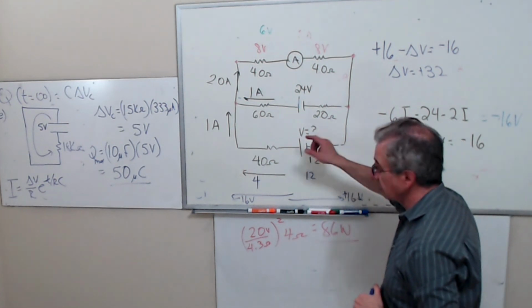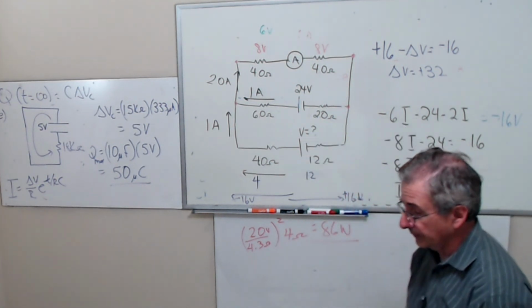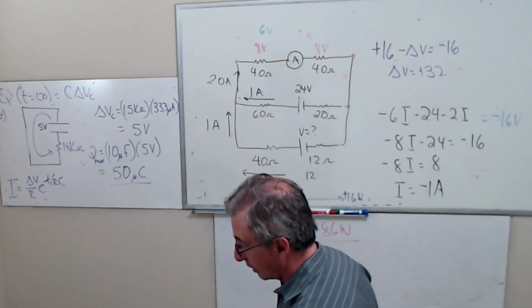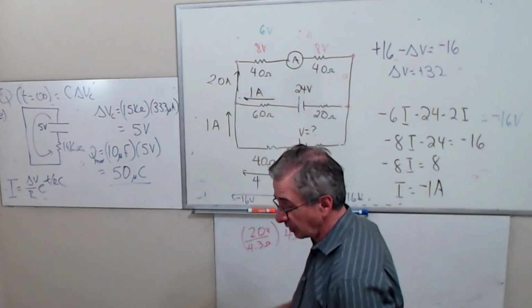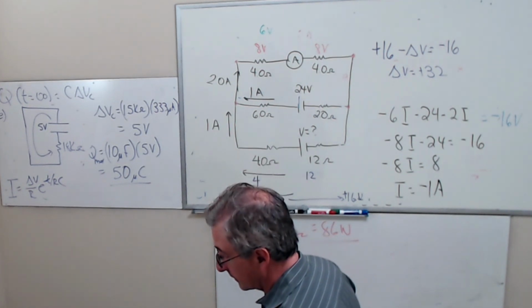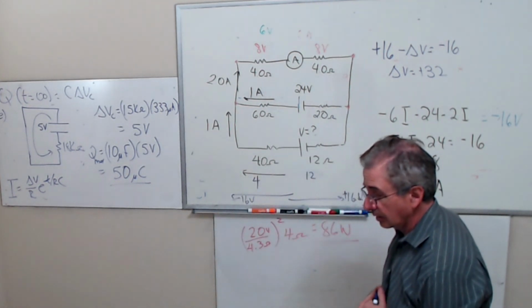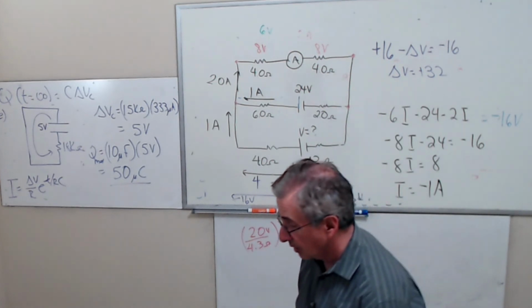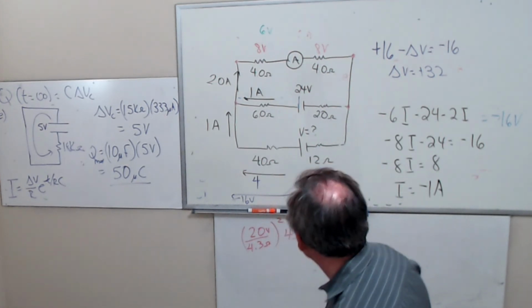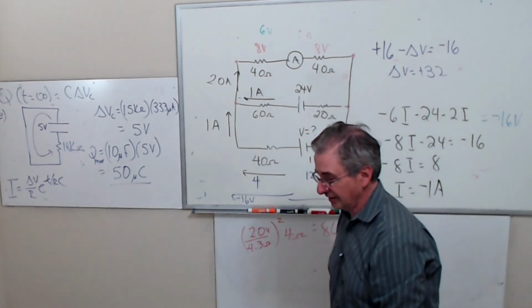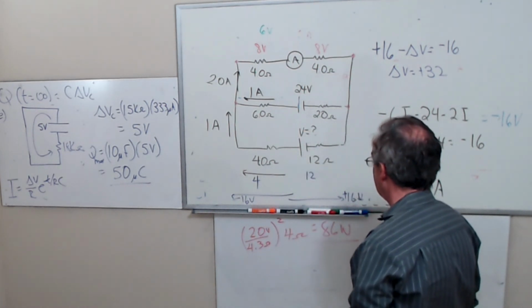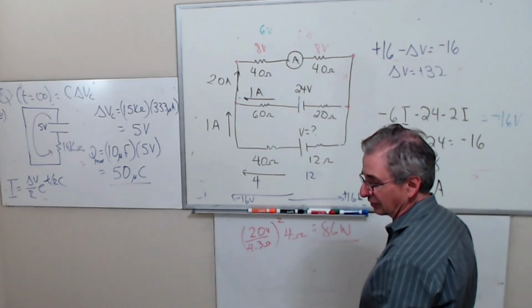This V has to be 32 volts. Wait, why is this 4? Why is this one 4? There's 1 amp going through here, so 4 times 1 is 4. Yeah, it's hard to see the decimal point, sorry. I thought it was 40 initially, then I took a closer look, it is 4.